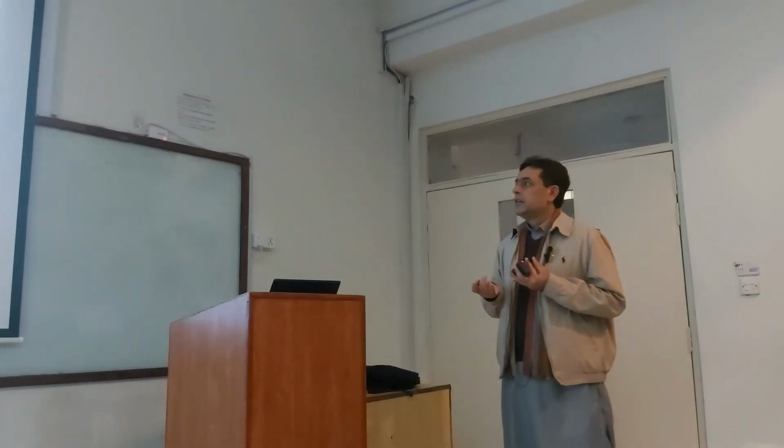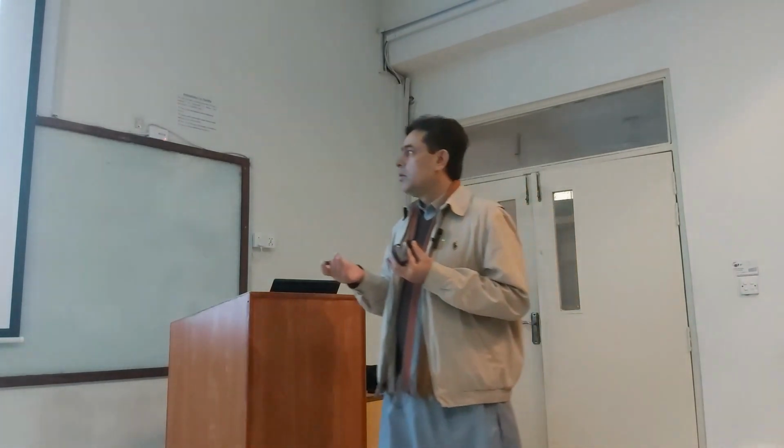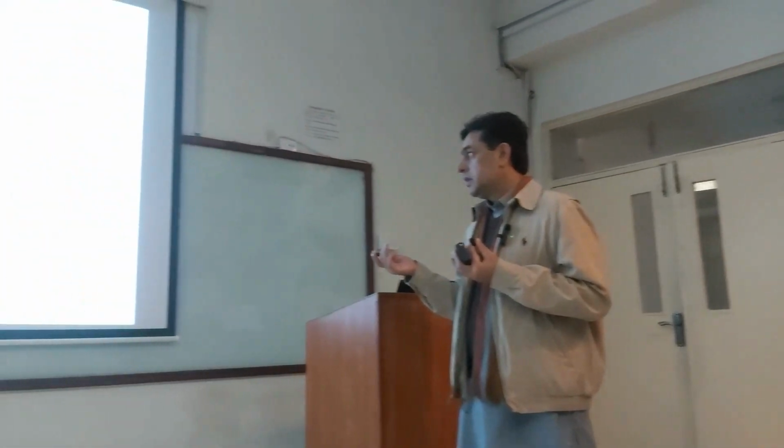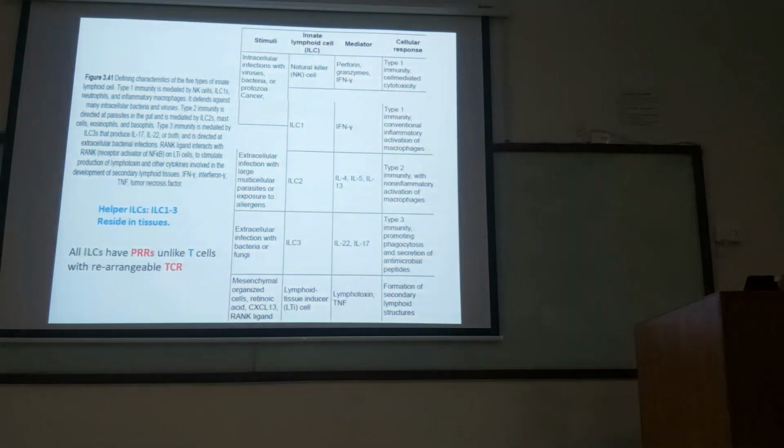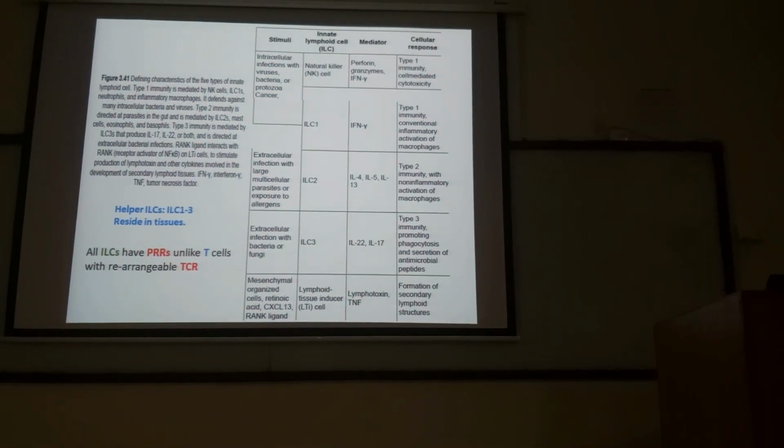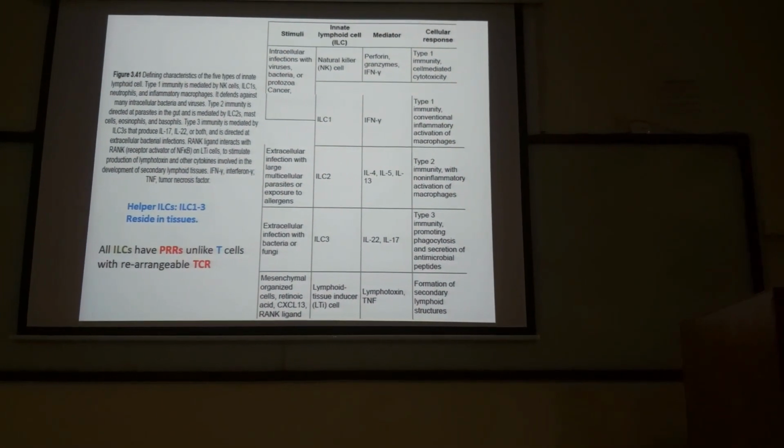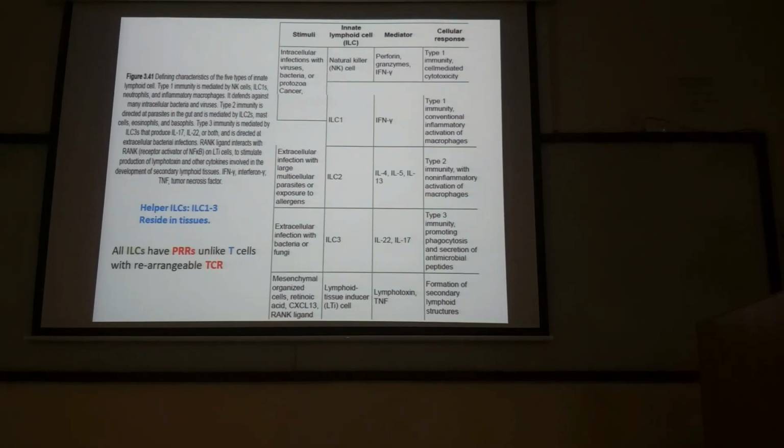But if it is an intracellular parasite, then the course of infection, of course, is different. So the type 3 immunity is going to, the cytokines are going to promote this process of phagocytosis.